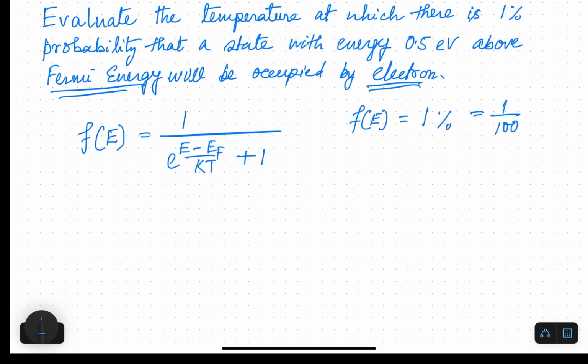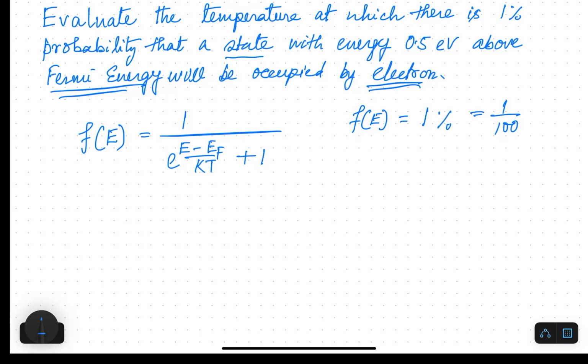F is the probability, E is the energy, EF is the Fermi energy, k is the Boltzmann constant, T is the temperature. In this problem, the probability is 1%, and this is very important.